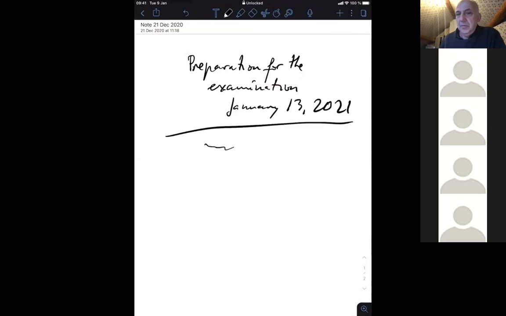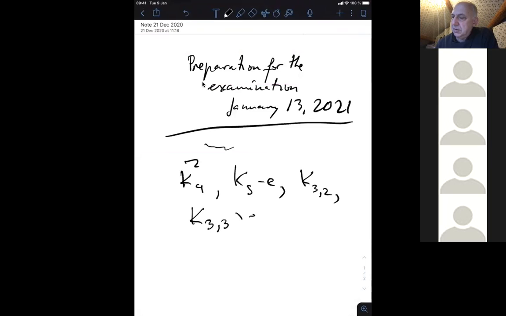Let's see if my pen works. Yeah, good. So I have to draw K4, K5 minus an edge, K32, and K33 minus an edge.